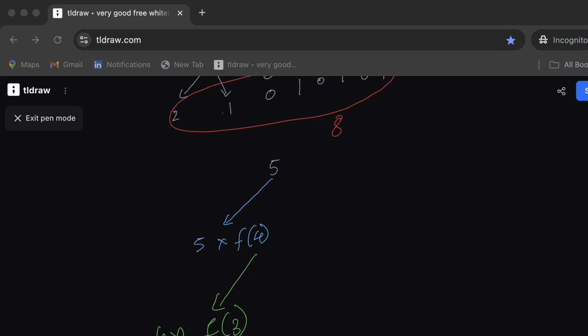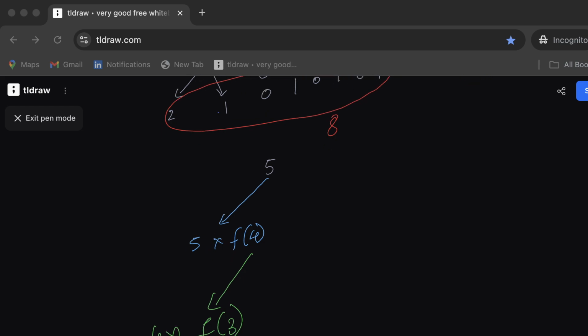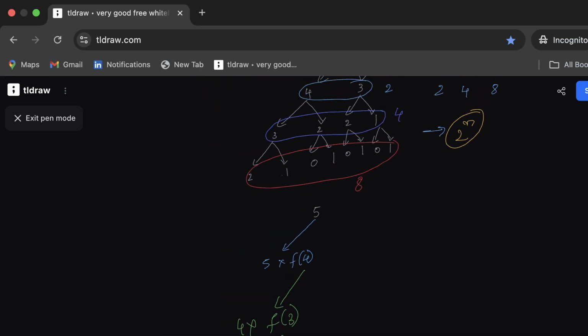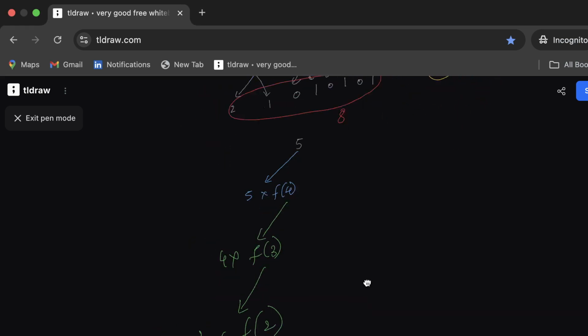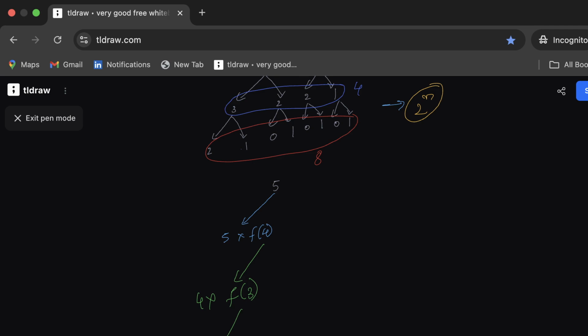So how is the function growing? How many calls have I made? For example, to calculate phi, how many calls did I make?